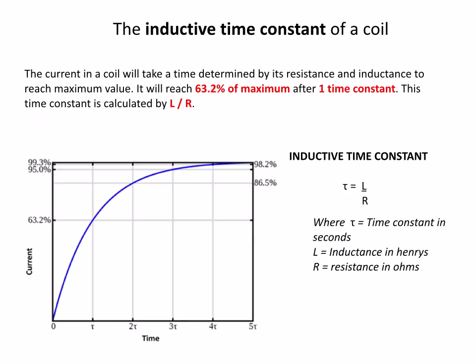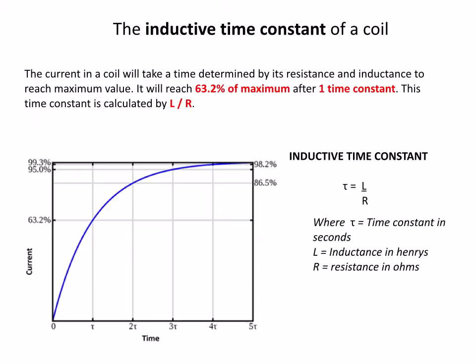The inductive time constant of a coil. Now we've looked at the time constant of a capacitor, and that was all about the voltage rising 63.2% and taking 5 time constants to charge. Well, it's very similar in an inductive coil: the inductive time constant is all about the current reaching its maximum value.